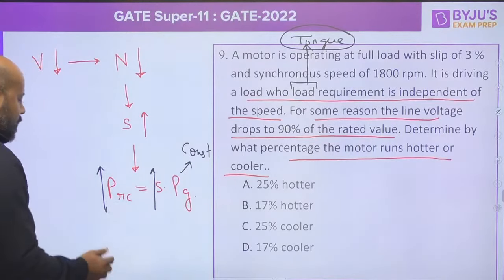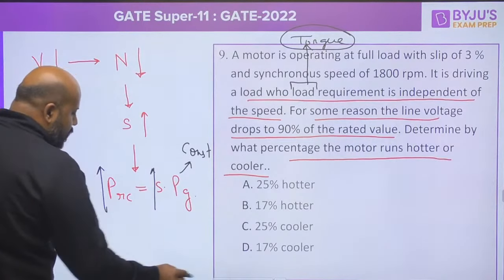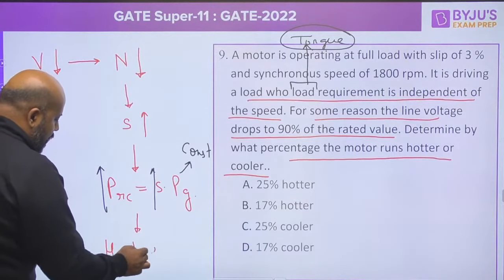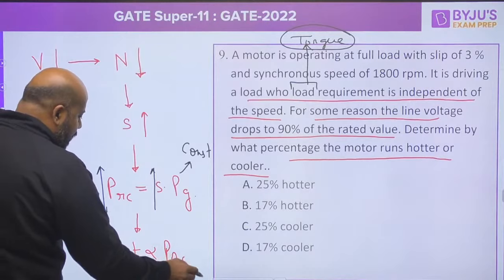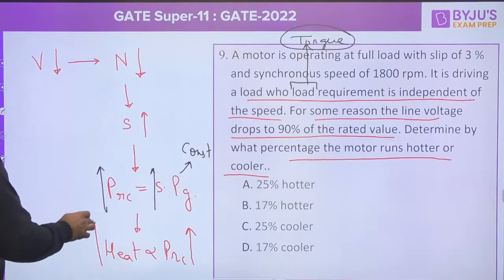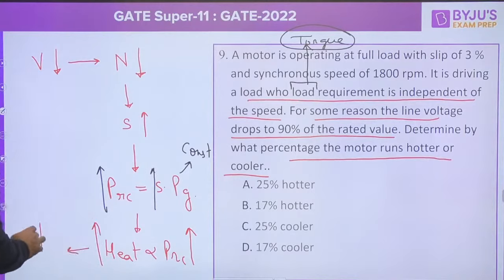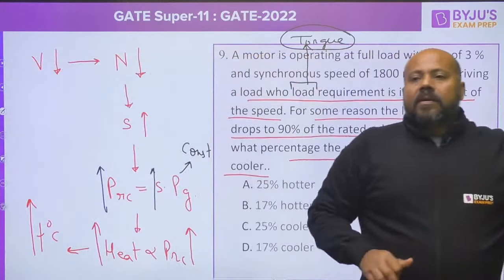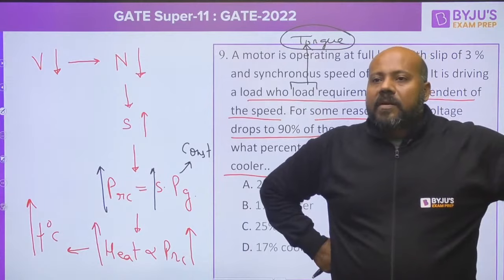When the rotor copper losses are increasing, you know that rotor copper losses are directly proportional to the heat. So heat is going to be increasing. Heat increasing means temperature is increasing. Are you able to follow this?